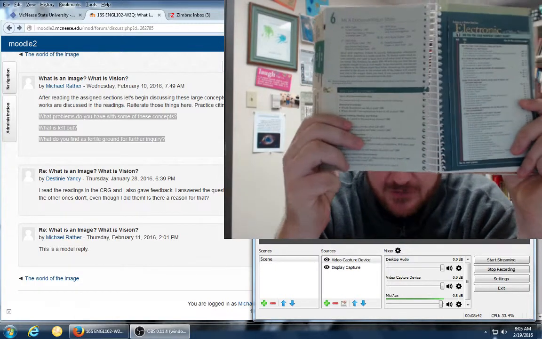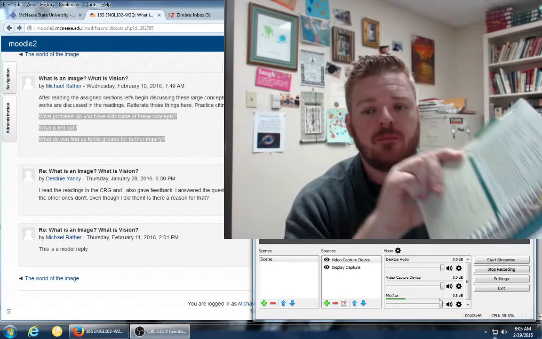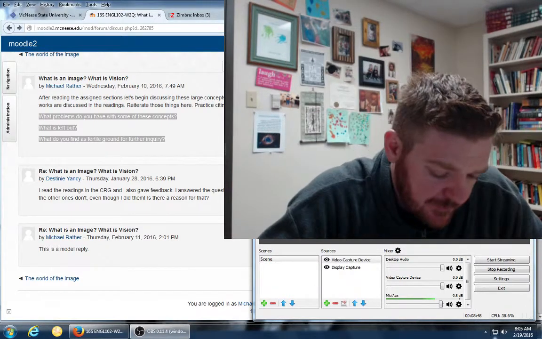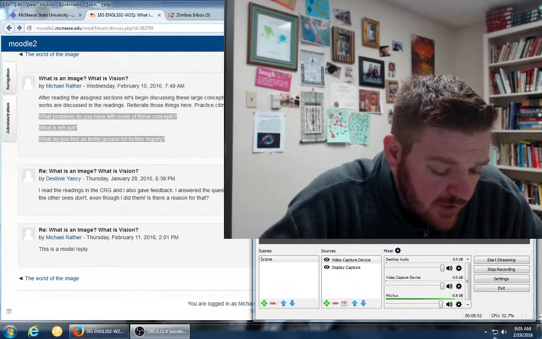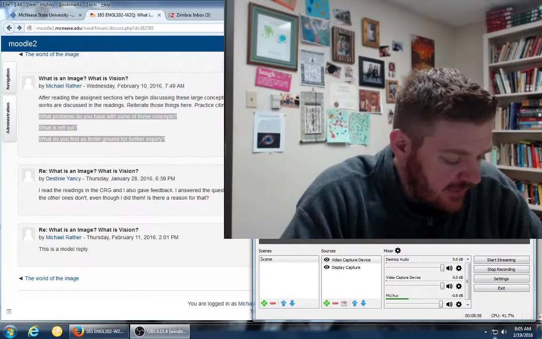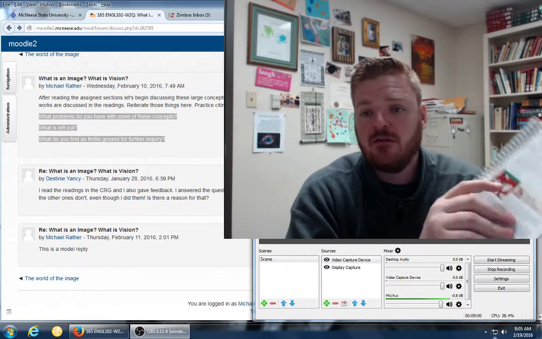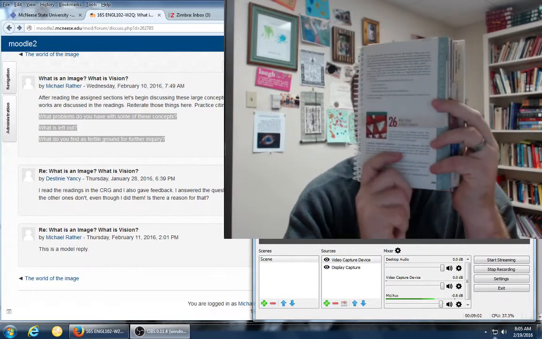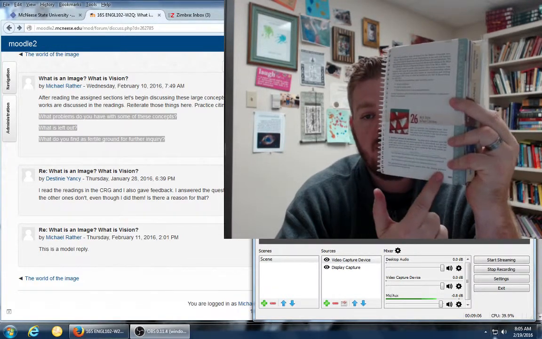So this is basically what the MLA section looks like in the textbook. You're going to look in here and find whether the article is in a book. You're going to find how to cite it. So you're going to scan through, and then you have the first section here is in-text citations, which is what these posts require.